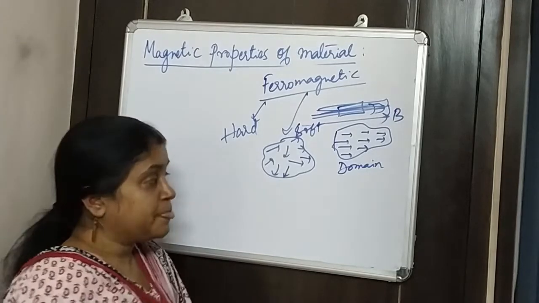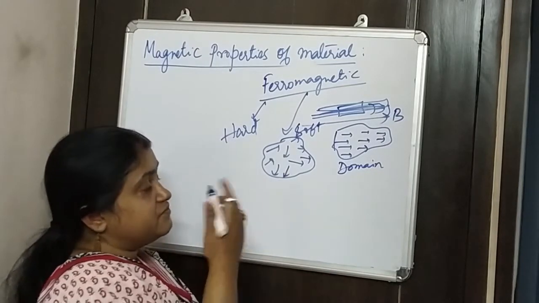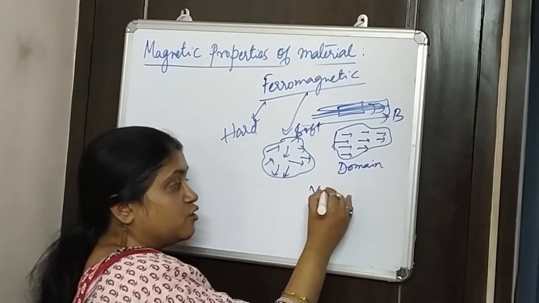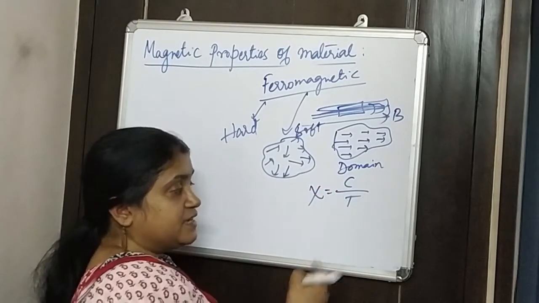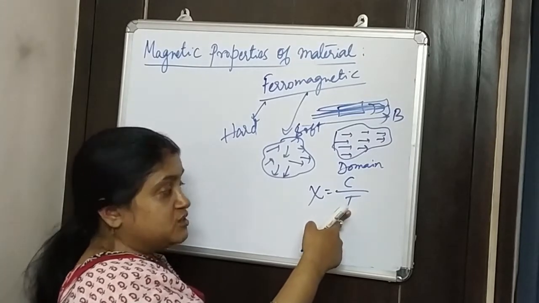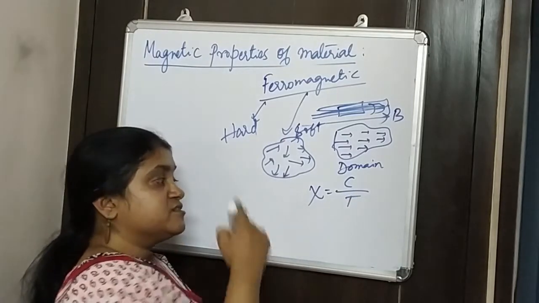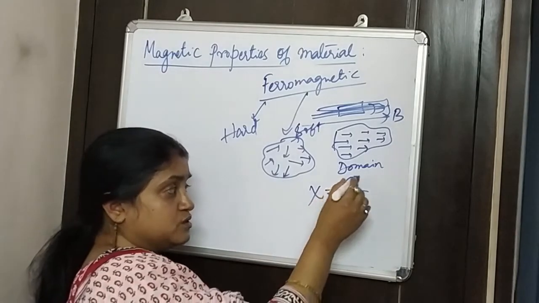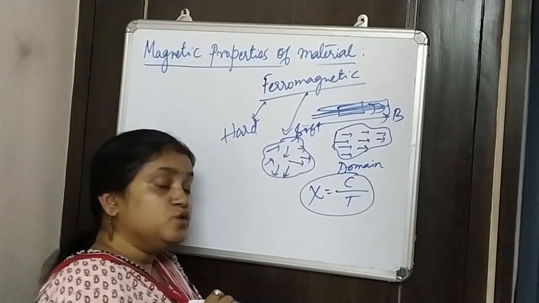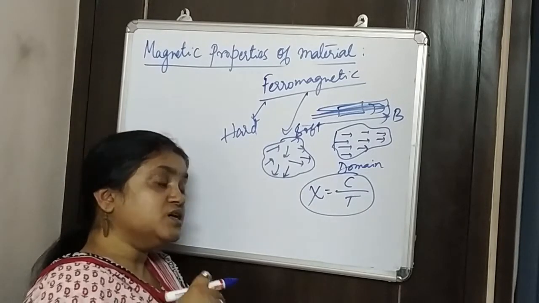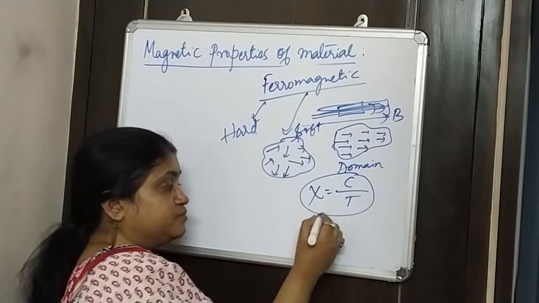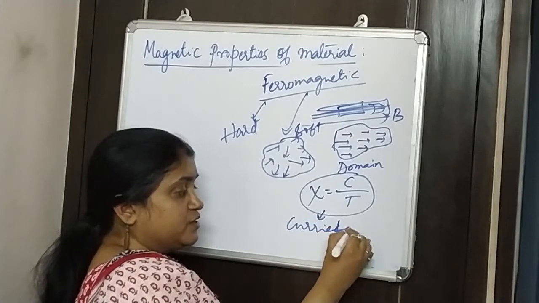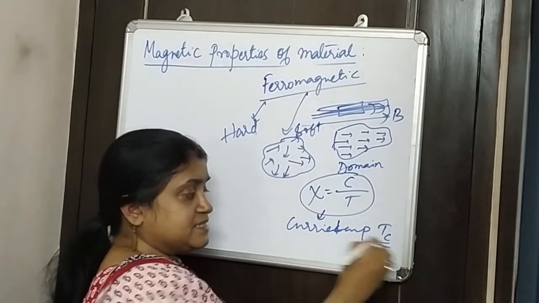Now generally what happens, the ferromagnets also follow Curie's law, which is C by T, that is, when the temperature increases, the susceptibility will decrease. The same rule would be followed up to a certain temperature, which is called the Curie temperature, known as Tc.